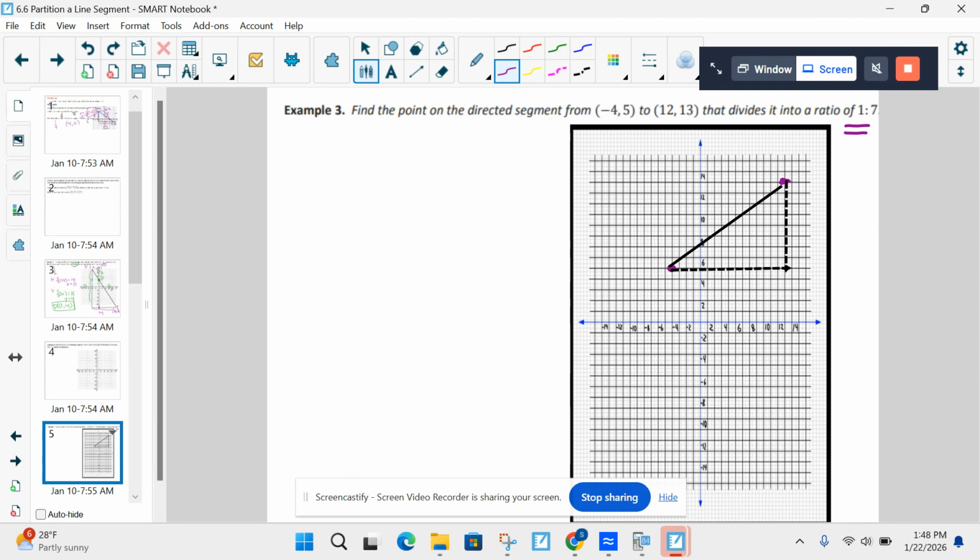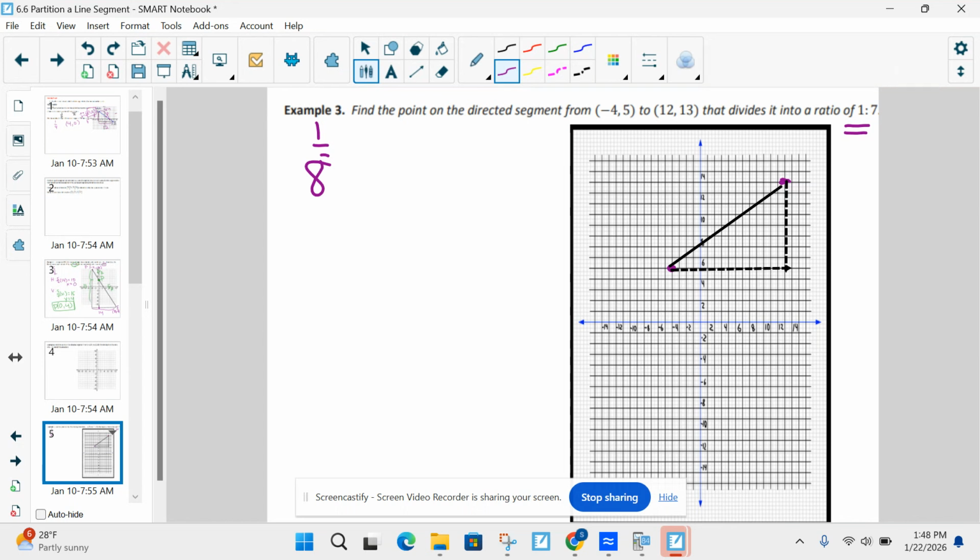Ratio of 1 to 7. That means the fraction we're going to use will be what? Sander? 1/8. Yes. Okay, so I'm going to figure out horizontal distance.